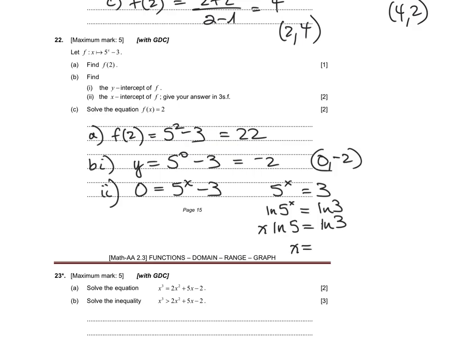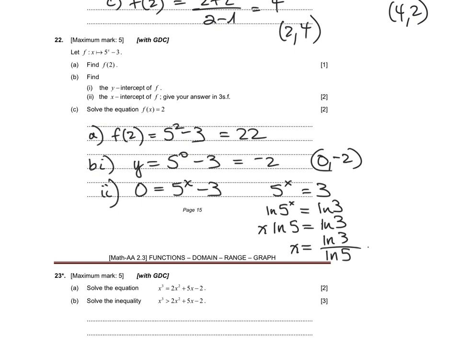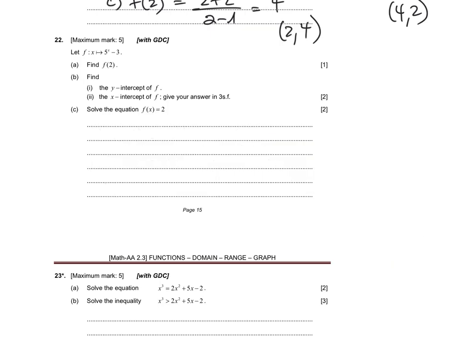And x is going to equal natural log 3 over natural log 5. You can also write this with a different base. The 5 is on the bottom, and the 5 is the base, and 3 is what you're taking the log of.